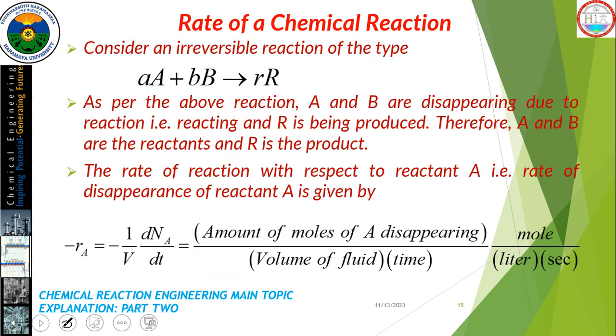So let us consider an irreversible reaction. An irreversible reaction means it is a one-way reaction, a forward reaction, which means that small a capital A plus small b capital B gives us small r capital R. So this reaction is considered as an irreversible reaction in which capital A and B are the reacting components.